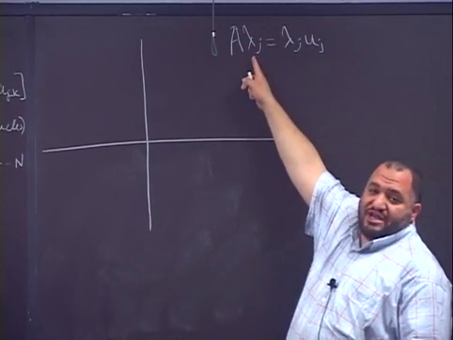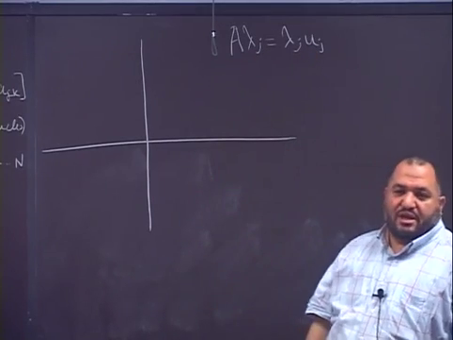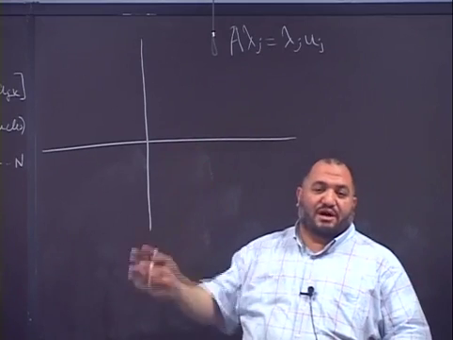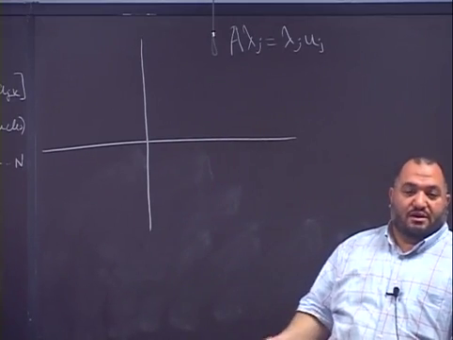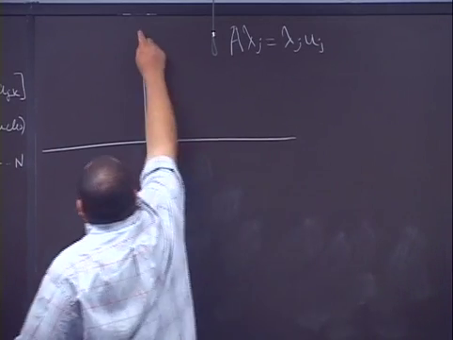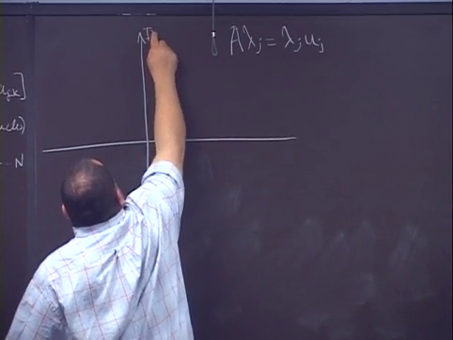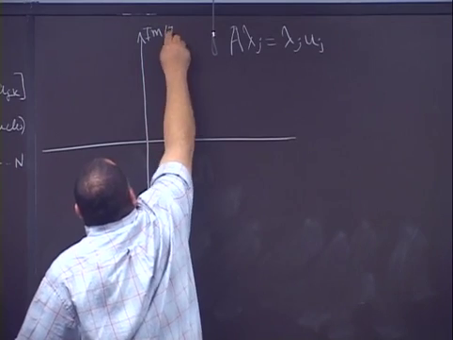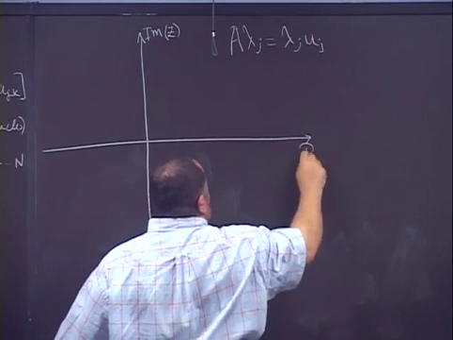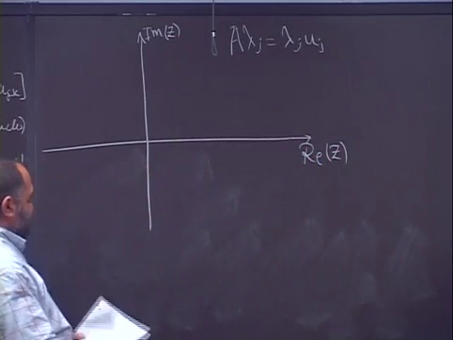Those are the eigenvalues, and those are the eigenvectors of the matrix A. Because we did not say anything about the eigenvalues, they might be real or they might be complex. If they are complex, I can put them in a complex plane where this is the imaginary part of a complex number z, and this is the real part of the complex number z.